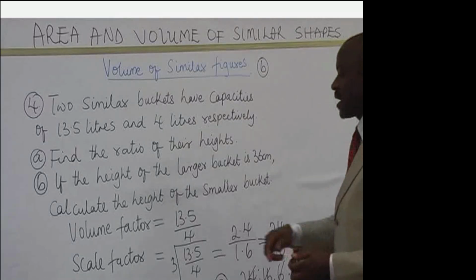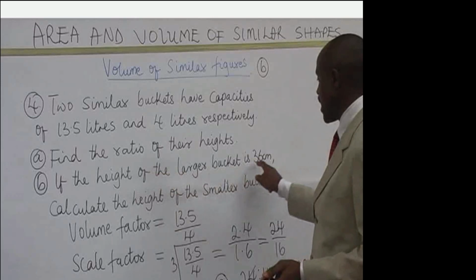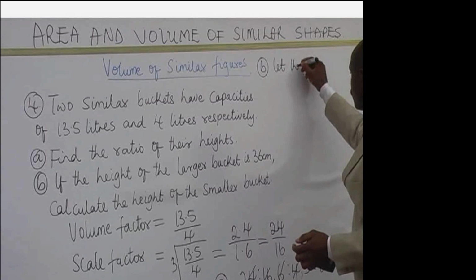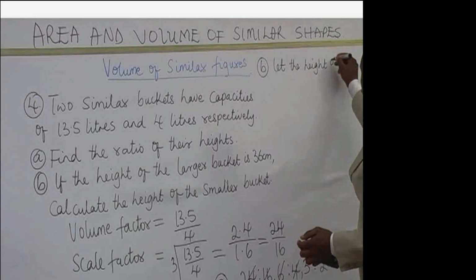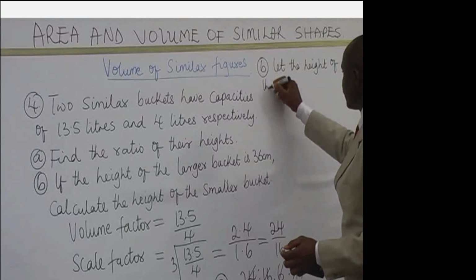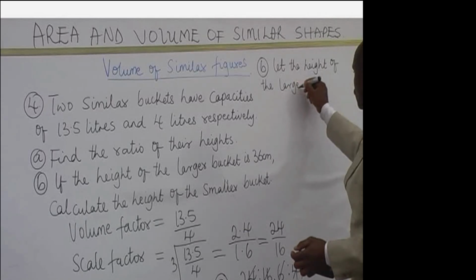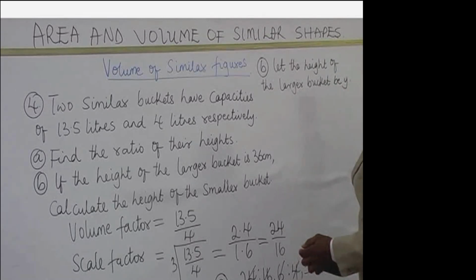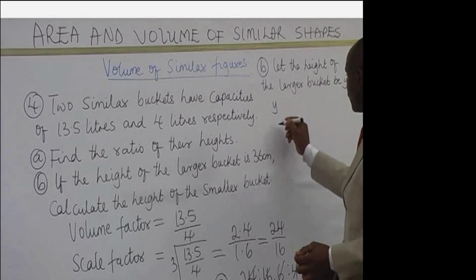Question number B says we should calculate the height of the smaller bucket if the height of the larger bucket is 36. Let the height of the smaller bucket be represented with y.